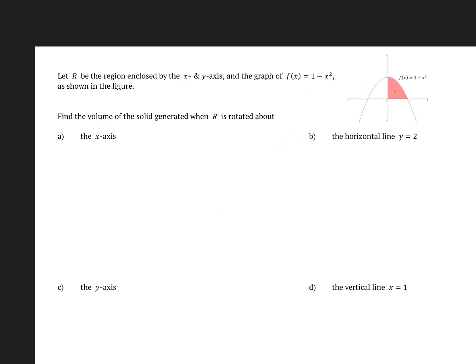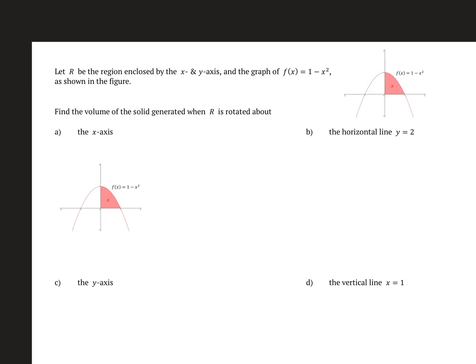For each of these, we'll find the volume of the solid generated when R, that shaded region, is rotated about a given line. We'll start off with the x-axis, and I'll do a picture for each one of these.